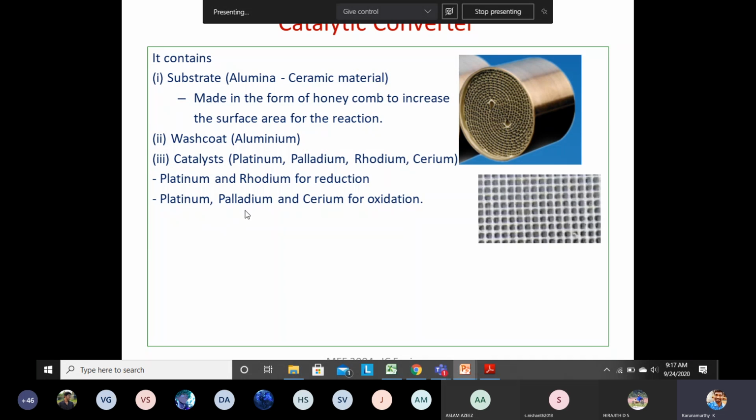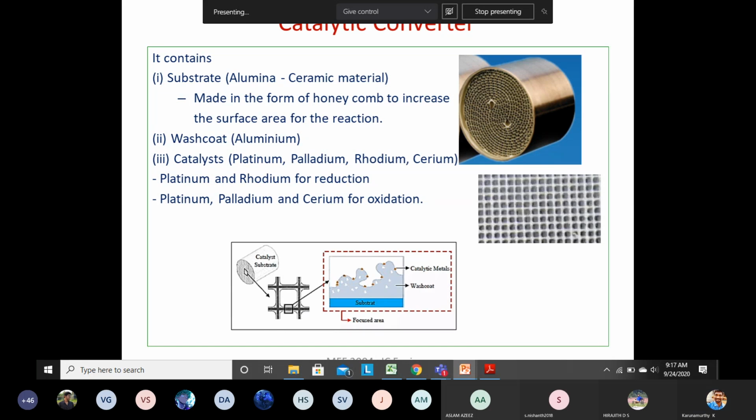In stage 2, materials like platinum, palladium and, in some cases, cerium are responsible for the oxidation reaction. Platinum and rhodium are responsible for the reduction reaction.